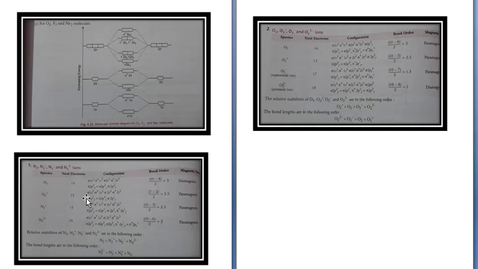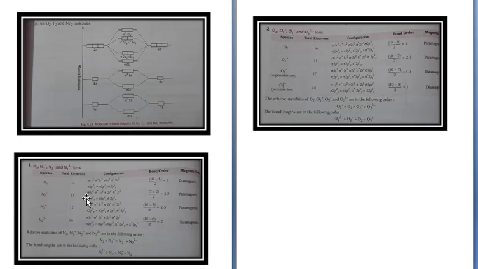Now next, N2 minus, it is 15. 15 means it has got an additional electron. Let's see, the electronic configuration becomes sigma 1s2, sigma asterisk 1s2, sigma 2s2, sigma asterisk 2s2, pi 2p2y, pi 2p2z, sigma 2p2 and pi asterisk 2p1y.